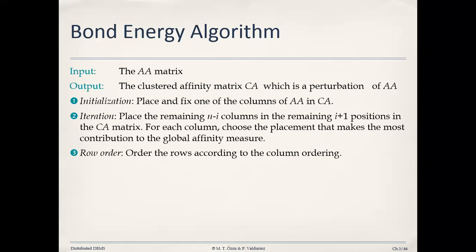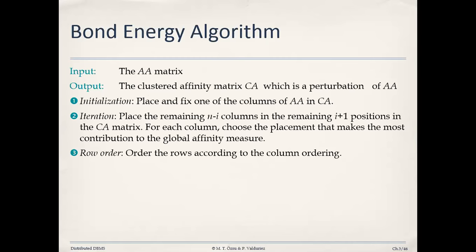So when you want to apply the bond energy algorithm, the first thing is that you must have the attribute affinity matrix, or AA matrix, with yourself. And once you have the AA matrix, the output will be the clustered affinity matrix, which is called CA. So what is the output? The output is CA. Out of AA, we try to find out the CA, that is the clustered affinity matrix.